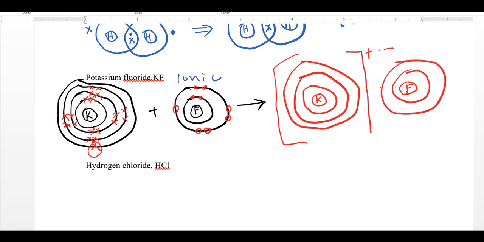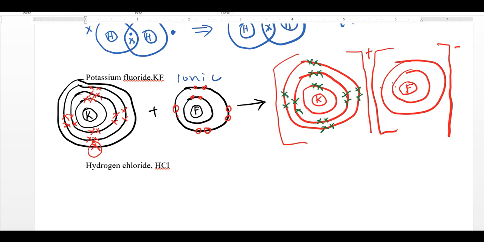You do the same. It will gain 1, so minus. This one had 1, 2, then 1, 2, 3, 4, 5, 6, 7, 8.